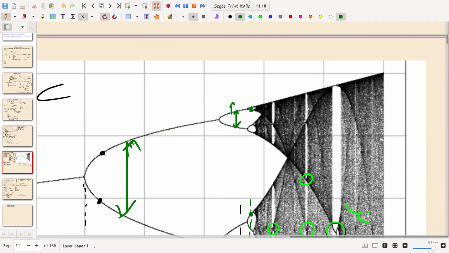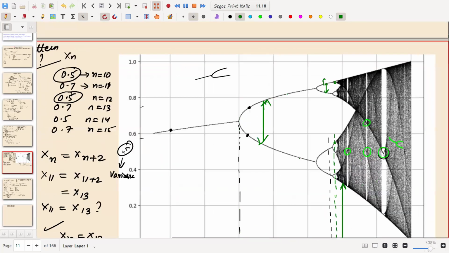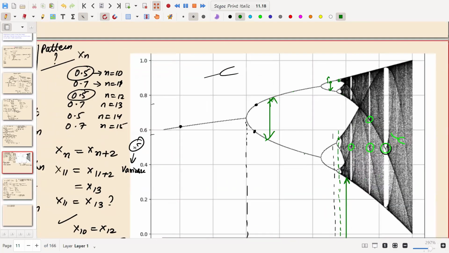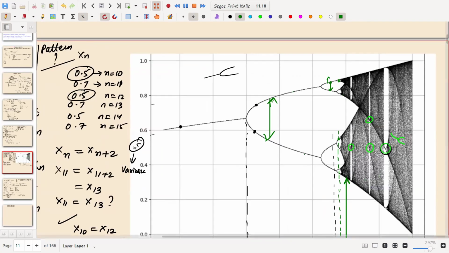Now, if you see, there is the distance from here to here, till the period doubling, and the distance from this point till this point, the next period doubling.